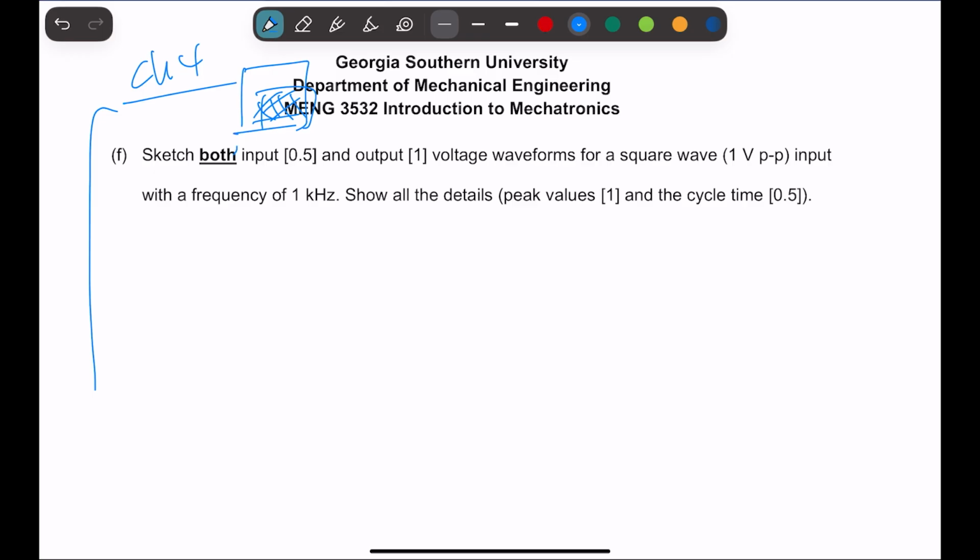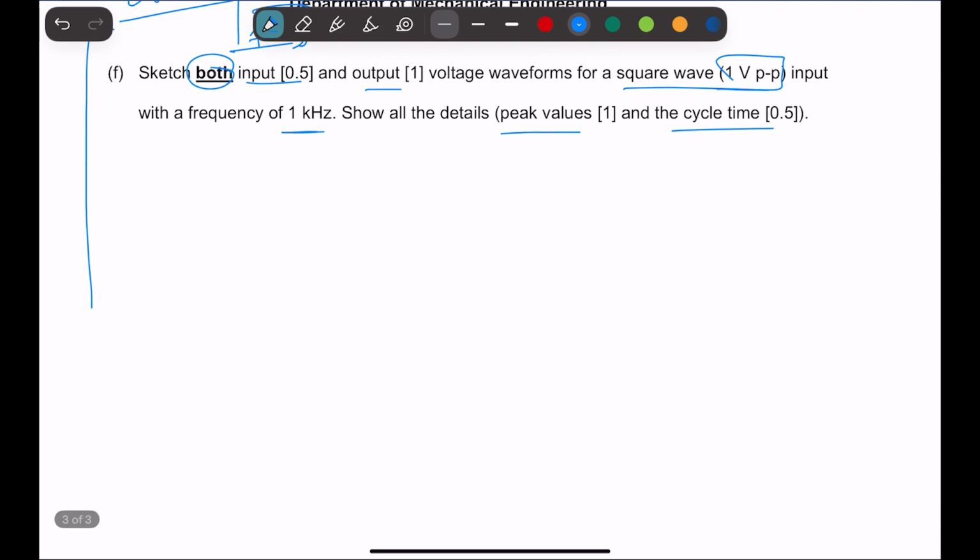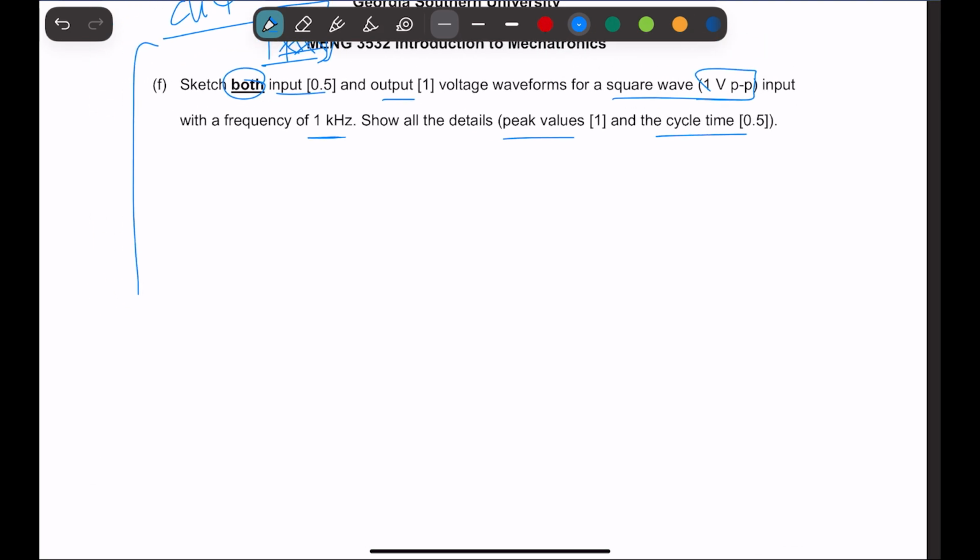Sketch both the input and output voltage waveforms for a square wave that has a 1 volt peak-to-peak input with a frequency of 1 kilohertz, and show all the peak values and cycle time.